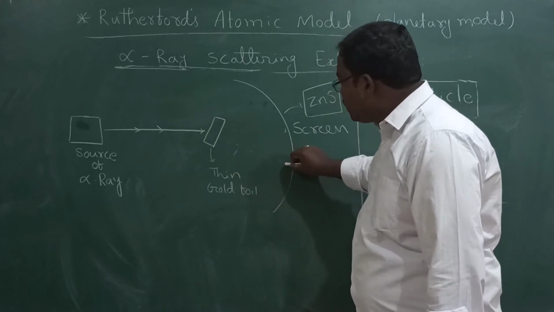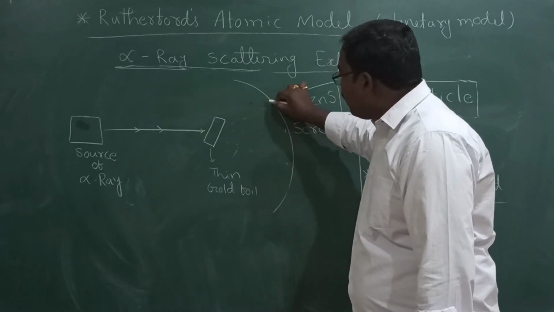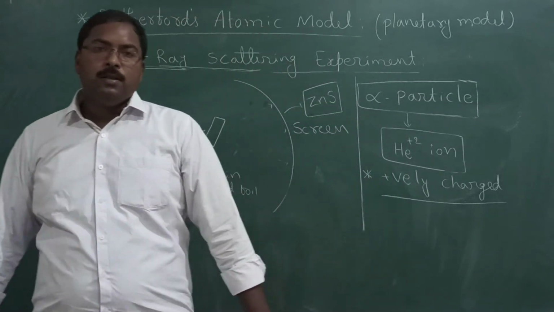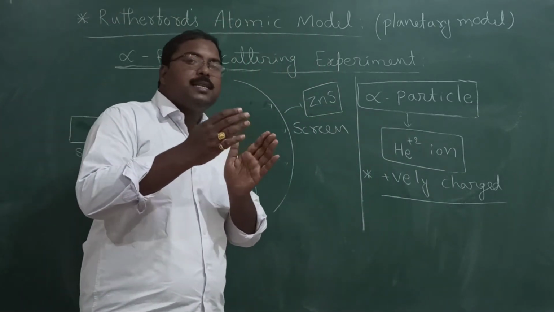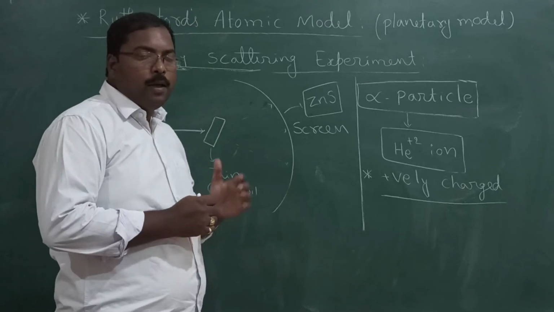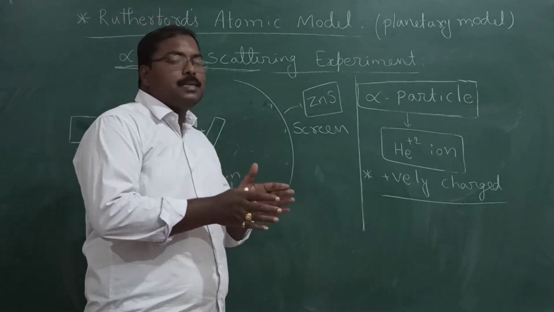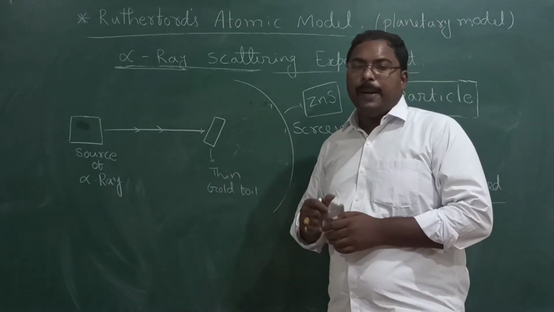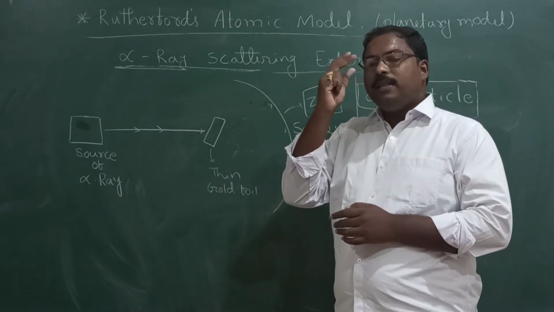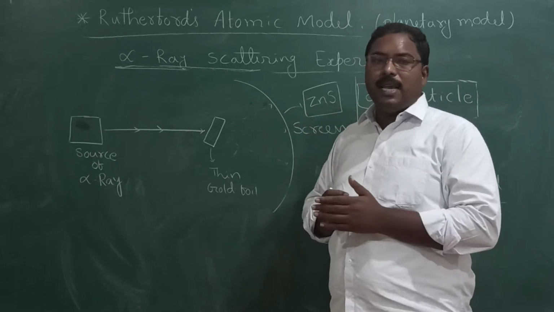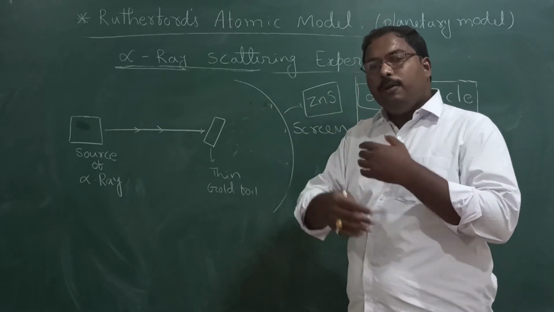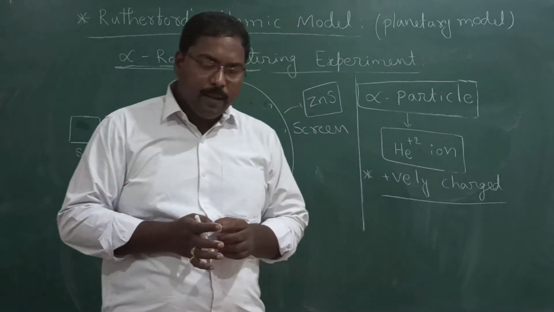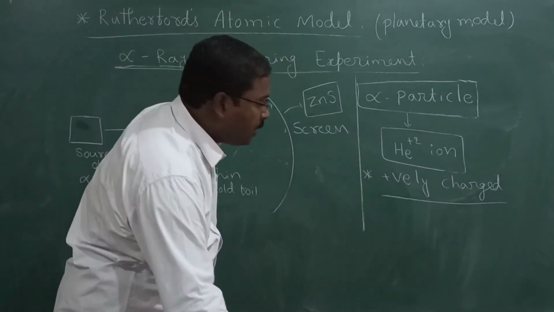So based on this observation, he gave the structure of atom. Before discussing the postulates of Rutherford, first let us discuss what type of rays he observed in the experiment. Once you understand the rays he observed, then automatically you can conclude why he observed those types of rays. Okay? Let us see what observation he made.